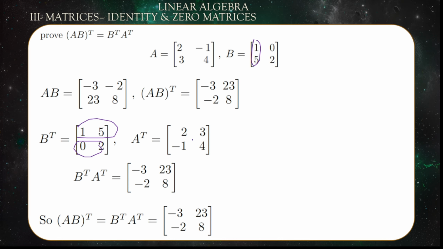Same thing for A. Then we multiply BT times AT, or the transpose of B multiplied by the transpose of A. So what you get is minus 3, 23, minus 2, 8. Hence the transpose of AB is equal to the transpose of B multiplied by the transpose of A, or minus 3, 23, minus 2, 8.